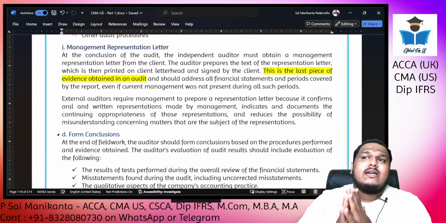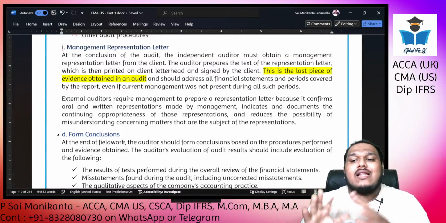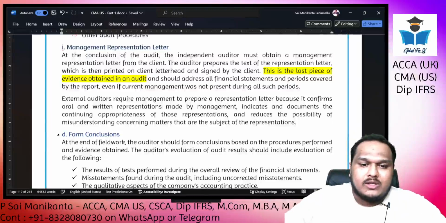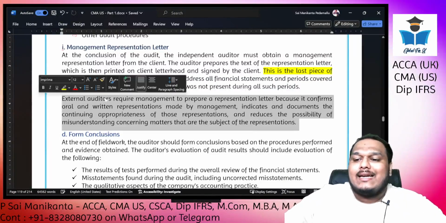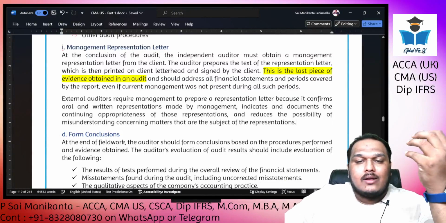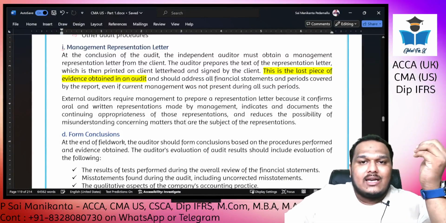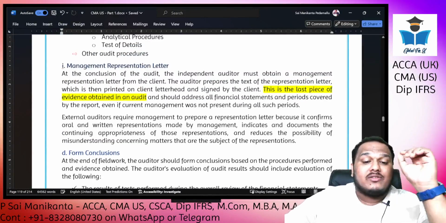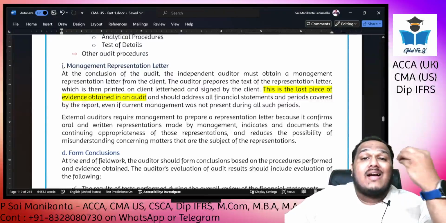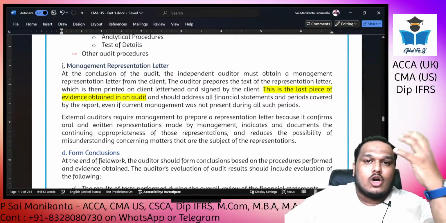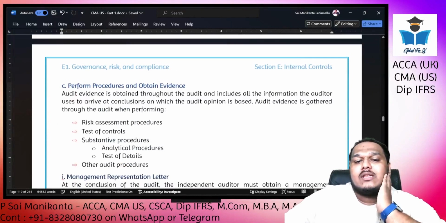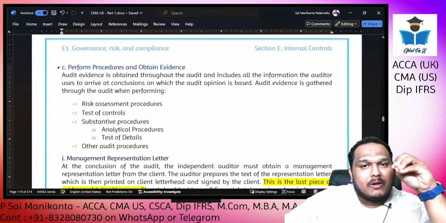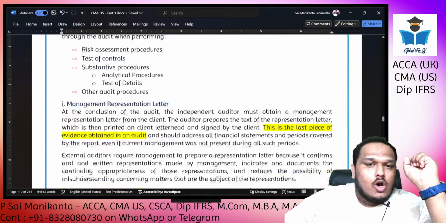So we have provided the best possible information, and all that generic terminology would be there. So basically you are getting one more additional letter from the management stating that whatever they have given you are valid, true, proper documents. Okay. So that is the third phase where you perform your audit process and obtain the audit evidences.